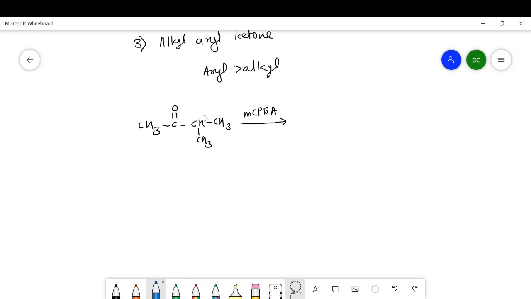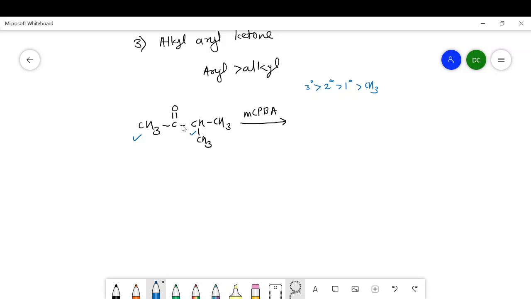Now look at the groups which are present on this compound. Here there is a methyl group, but here there is an isopropyl group, which is a secondary carbon, and this is CH3. That's why we know that the migratory aptitude is tertiary greater than secondary than primary than CH3. So out of these two groups, the isopropyl group migrates first.